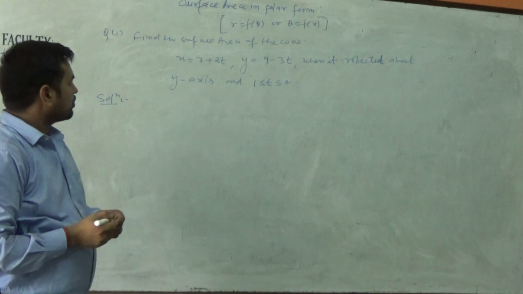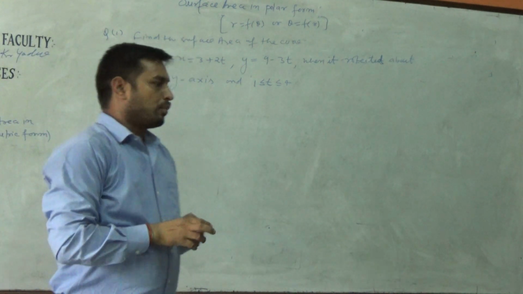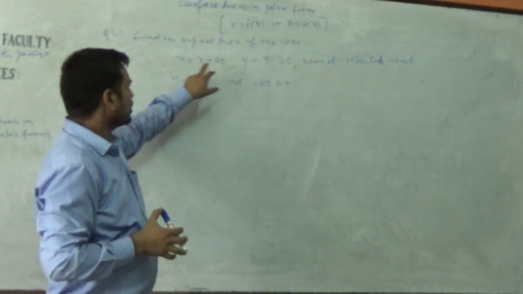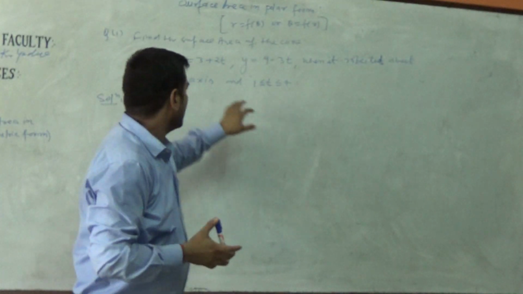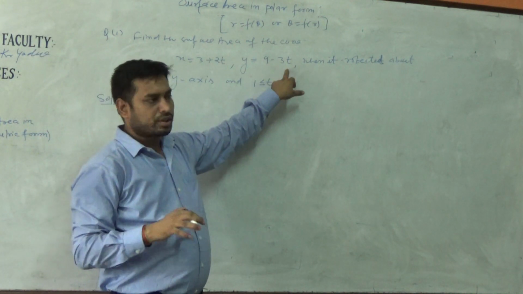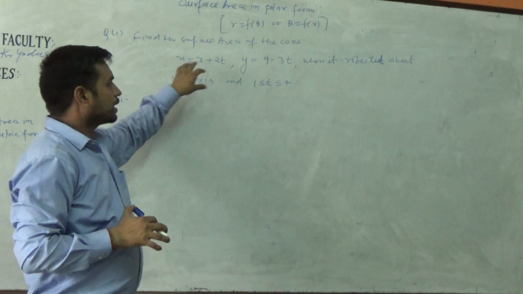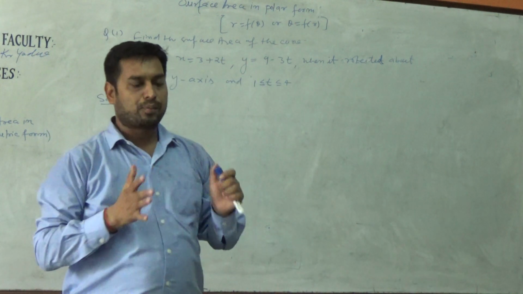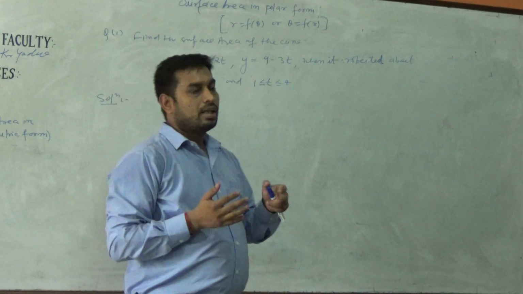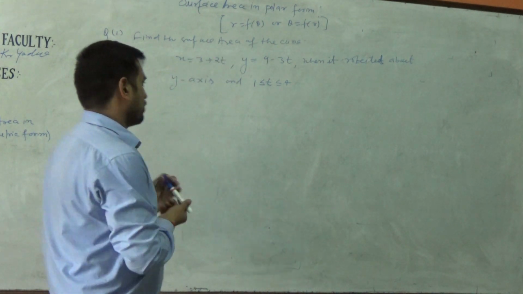Solution. In order to solve this question, first of all check which form the given equation is. The given equation is in parametric form: x is a function of t and y is also a function of t. Then we apply the formula of surface area in terms of parametric form.